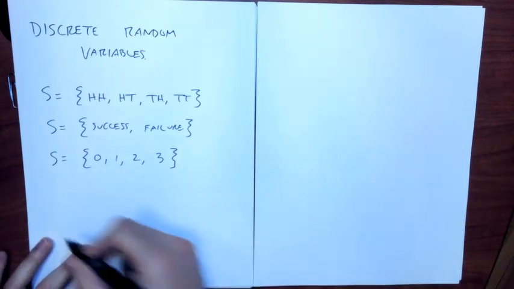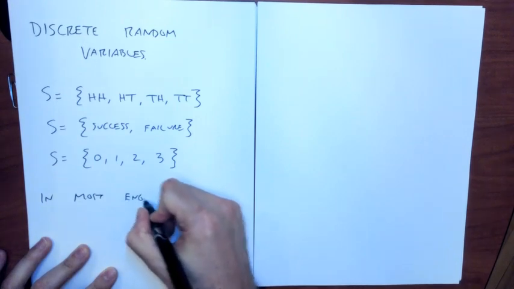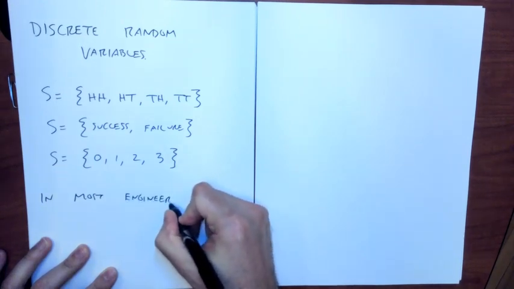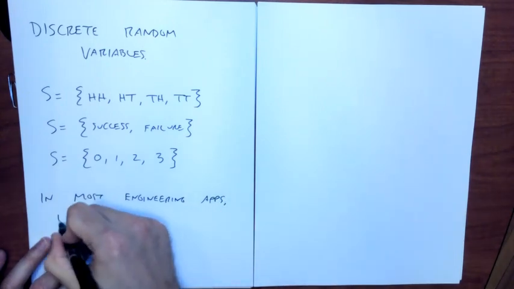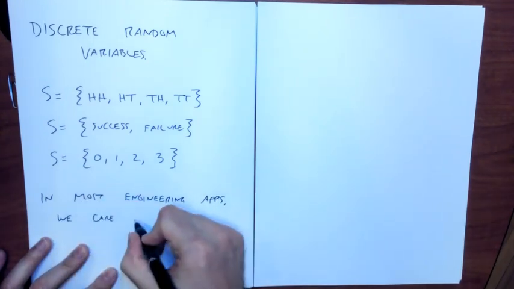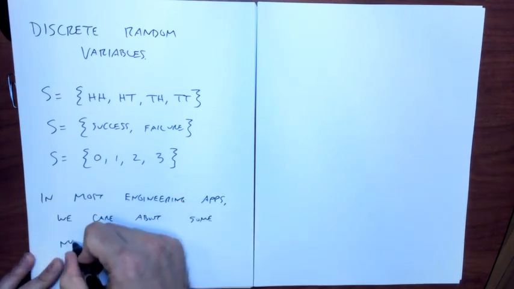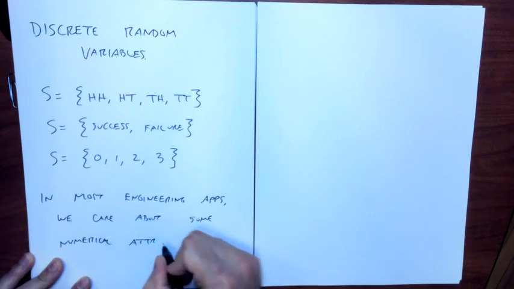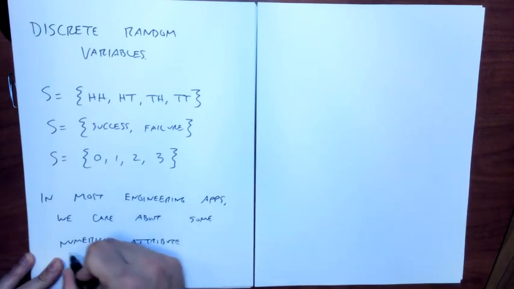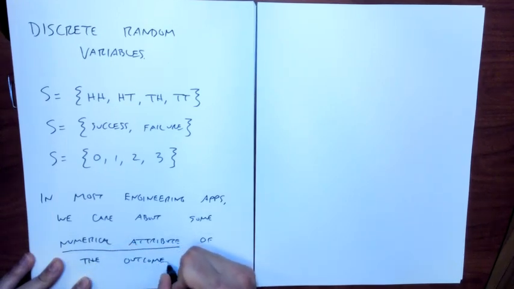So to summarize that, in most engineering applications, we care about some numerical attribute of the outcome. Right?